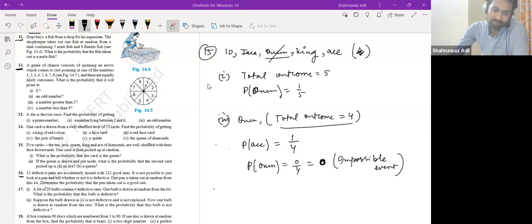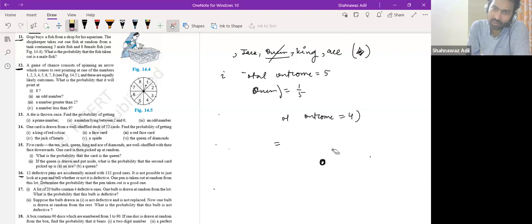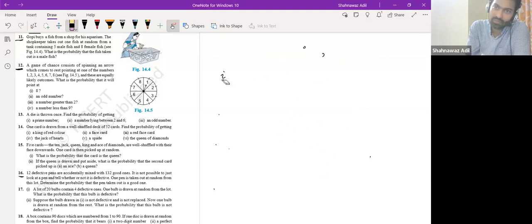So let us quickly do the 16th. Amar is starting his laptop. So we have 12 defective pens mixed with 132 good ones.